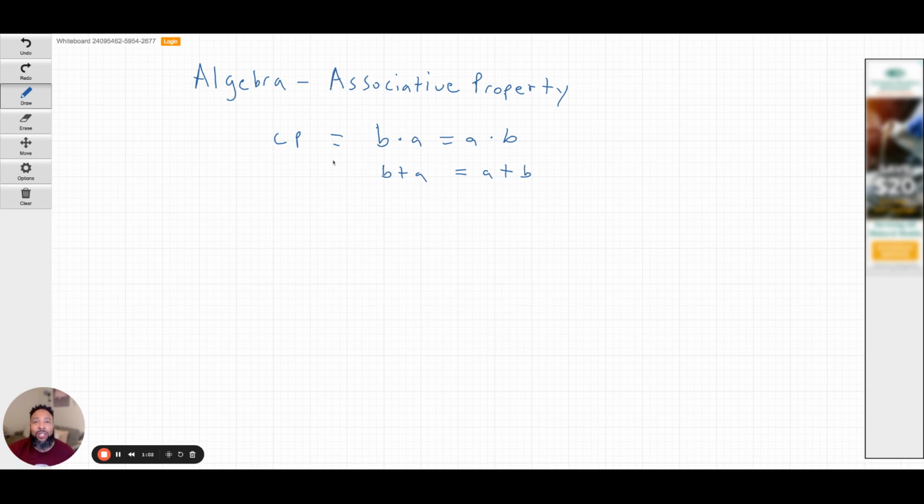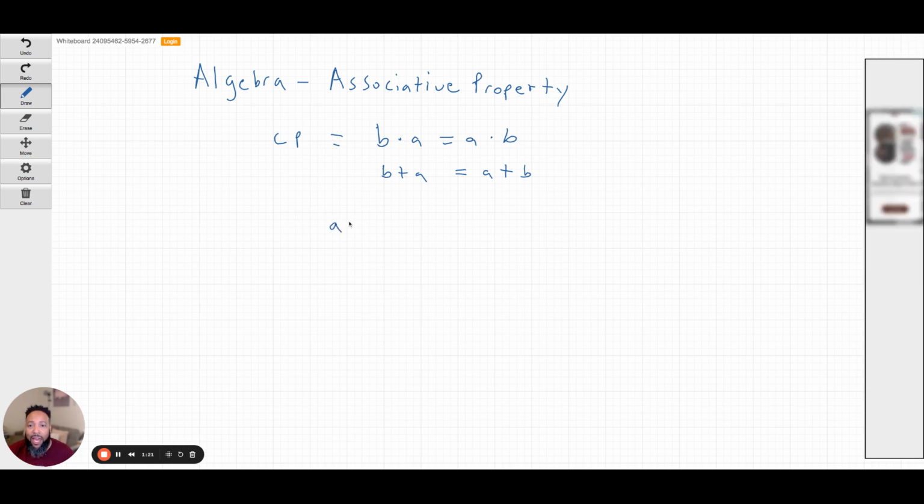So the associative property is just an extension of the commutative property. It says if you have three or more numbers when it comes to adding or multiplying, that does not affect the sum or the product of those numbers. So for instance, this is the associative property.